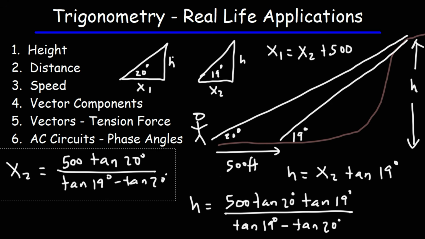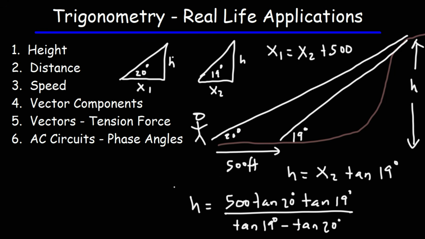So now we can write a generic formula that will give us the height of the mountain if we know the two angles and the distance between the two angles. Let's call this d, the distance between two angles. Let's call this theta 1, the first angle we measure, and theta 2, the second angle that we measure.